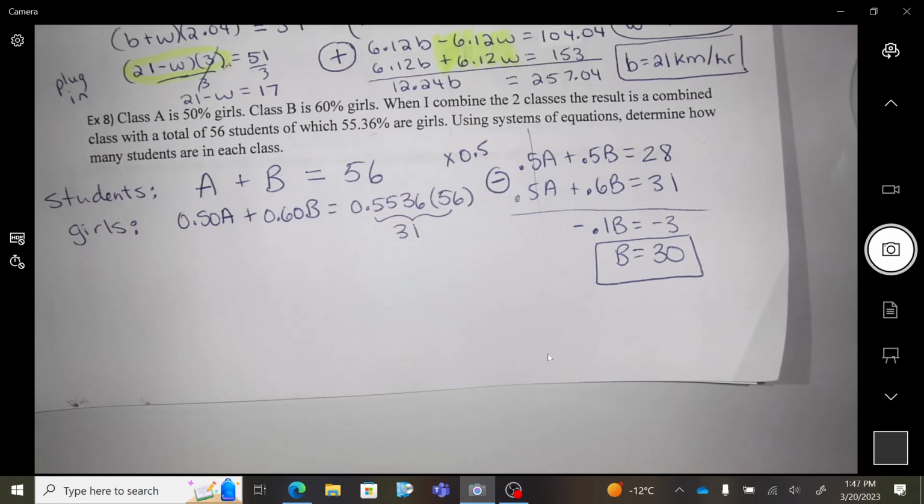Okay, carry out your algebra. Move, divide if you need to, right?